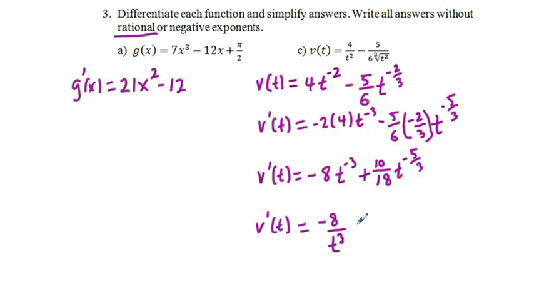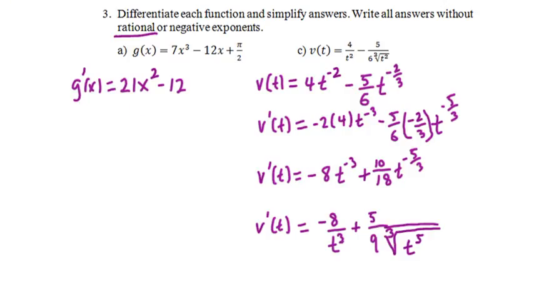So we're going to have plus 5/9, and this t to the negative 5/3 is going to be a third root, that's a 3 there, and we have t to the power of 5.